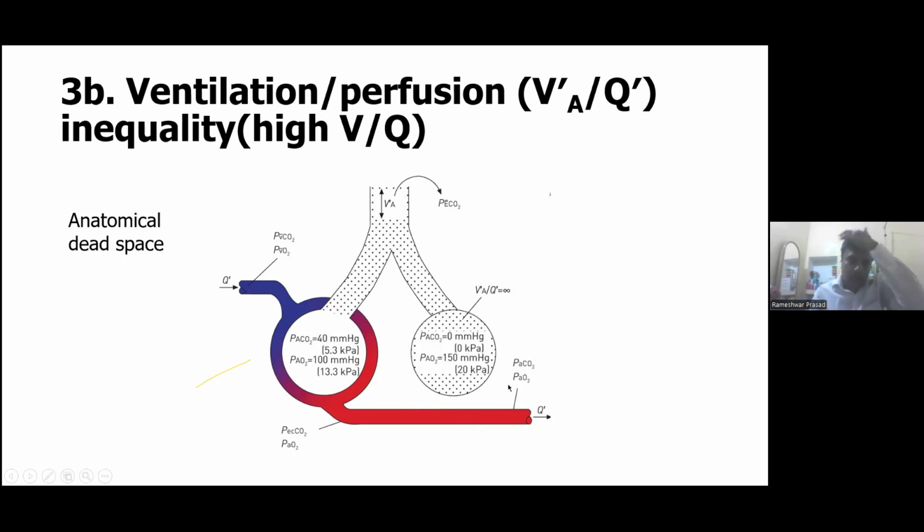There is no perfusion. There is no blood supply to this alveolus. Although this alveolus is ventilating well, ventilation is high, perfusion is zero. So the ratio will be infinity. So this is a case of dead space.